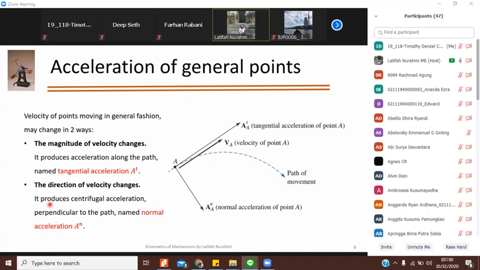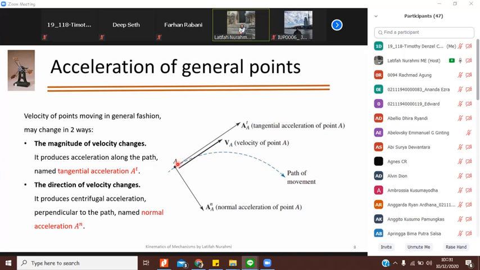So we have any point in the rigid body. Let's say this point is moving like this, as in the previous meetings of our class. So A is moving in this path.